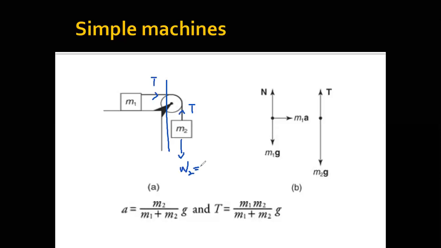M2 what? M2G. Of course, once we have weight here, we have the force M1G, which is the weight of M1. Then you have the normal reaction force R, or N, good.